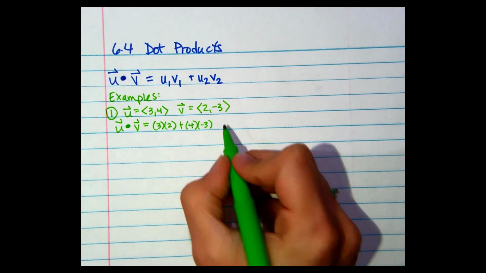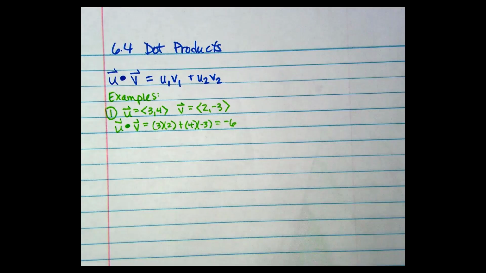That gives me 6 and -12, so -6 is my dot product.